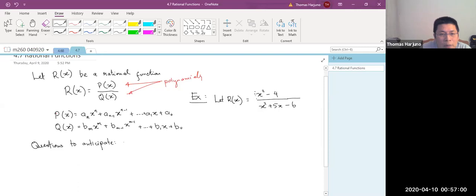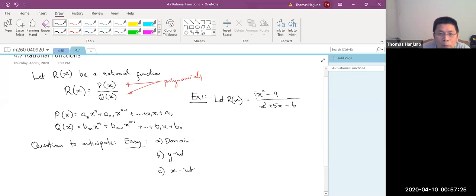The easy ones first. First, the domain. Second, the y-intercept. And then third, the x-intercept. I think these three are quite easy. Let's just work on this example 1 here.